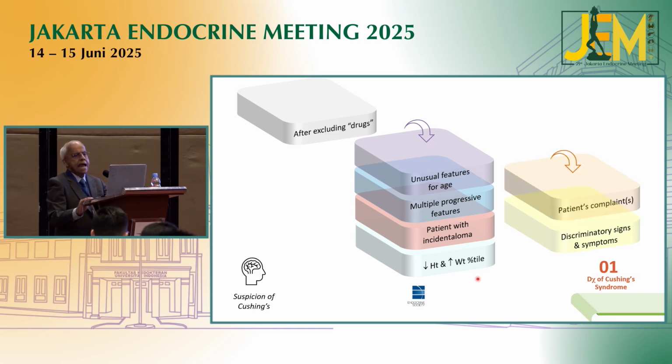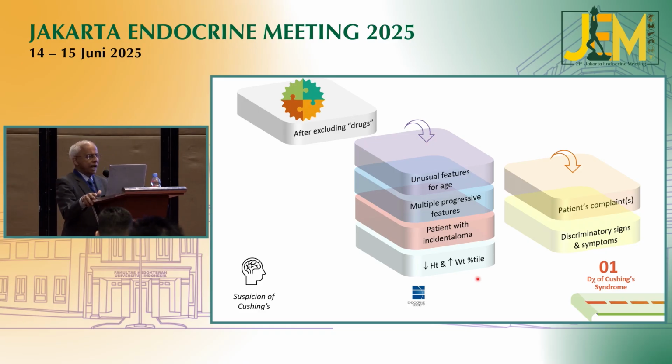Perhaps we can add the patient's complaints are still important. And there are some discriminatory signs. How do we know somebody is obese and how do we know somebody has Cushing's? So I'll be touching a little bit about this.